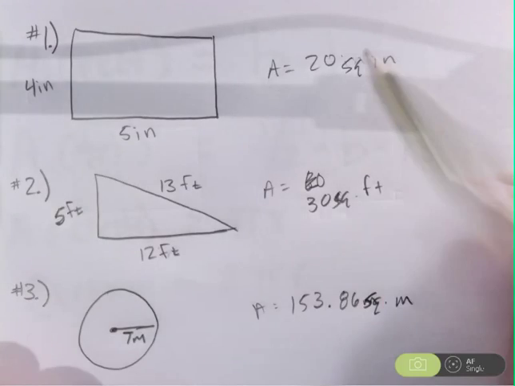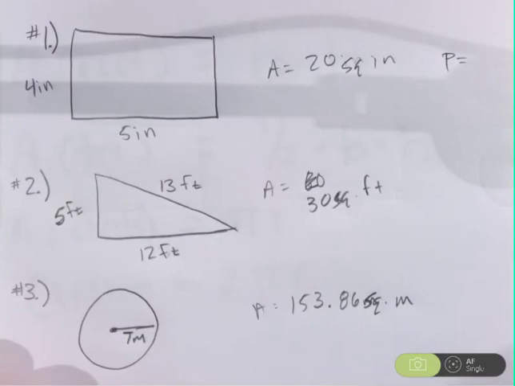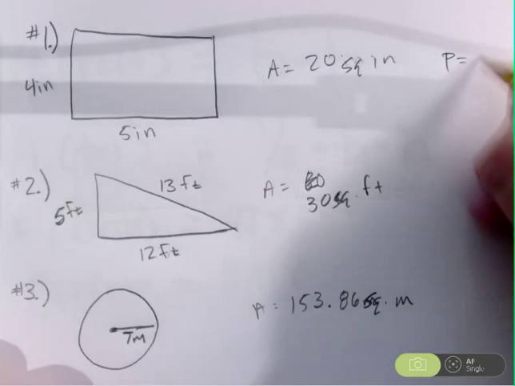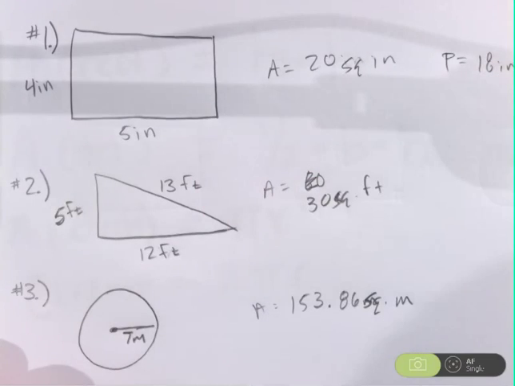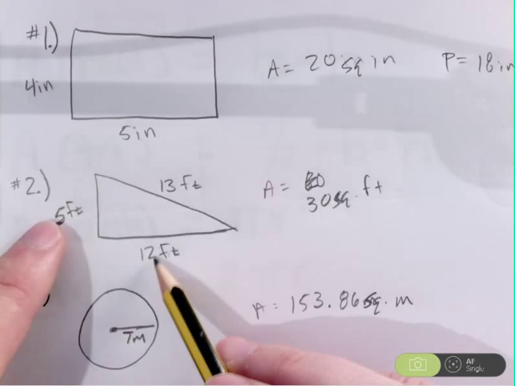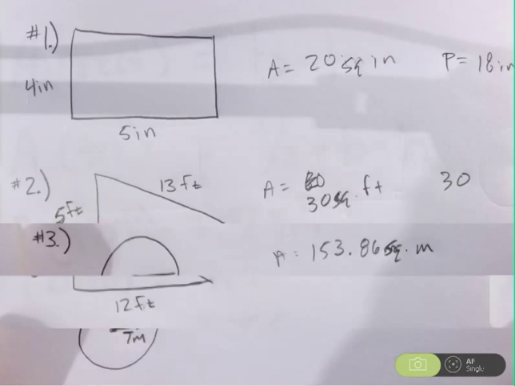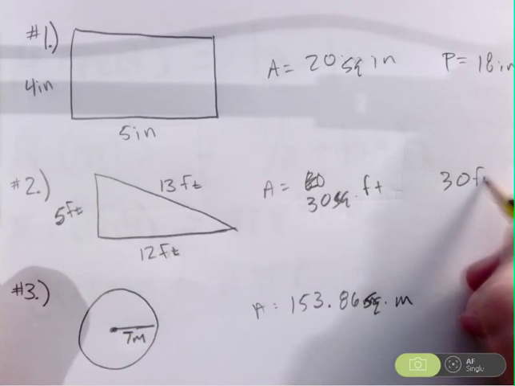Okay, this one, your perimeter will be 4 plus 5 plus 4 plus 5, 9 plus 9 is 18 inches. Here, 5 plus 12, 17, plus 13 is 30 feet.